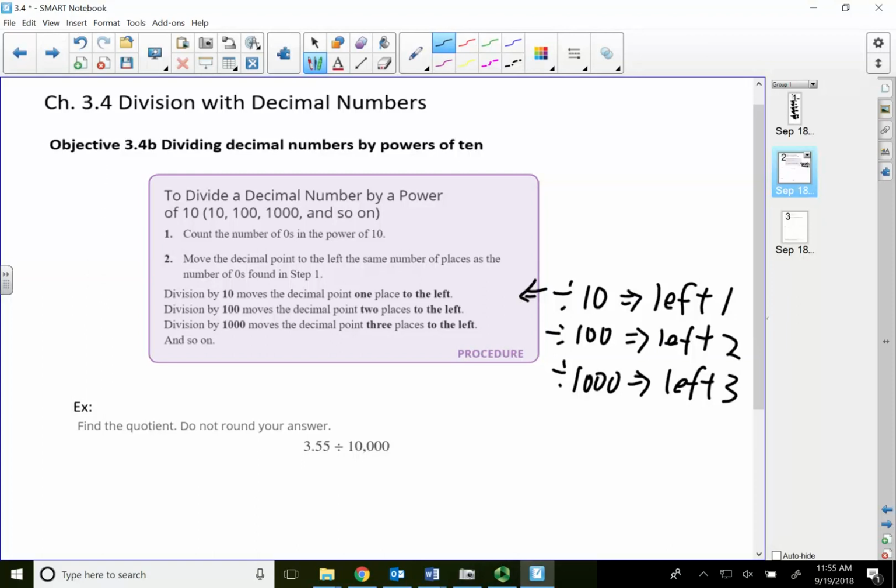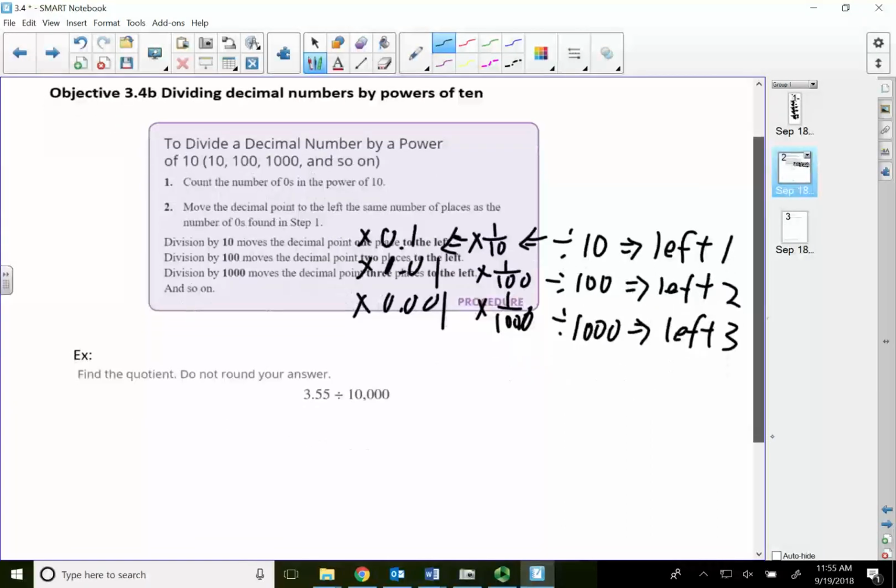So that's the reason why if we ever have times by 1/10, times by 1 over 100, times by 1 over 1,000, which is also equivalent to times by 0.1, times by 0.01, times by 0.001, all those are equivalent to moving to the left one place, two places, or three places, okay?